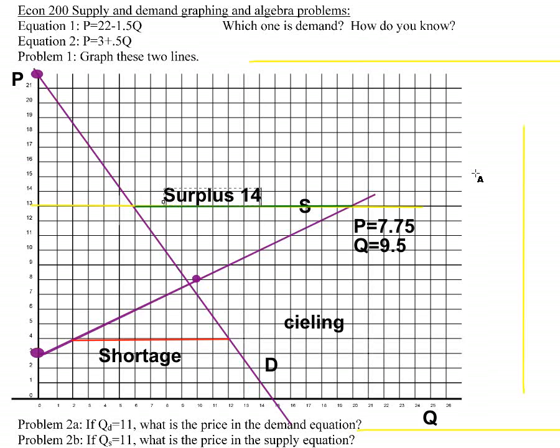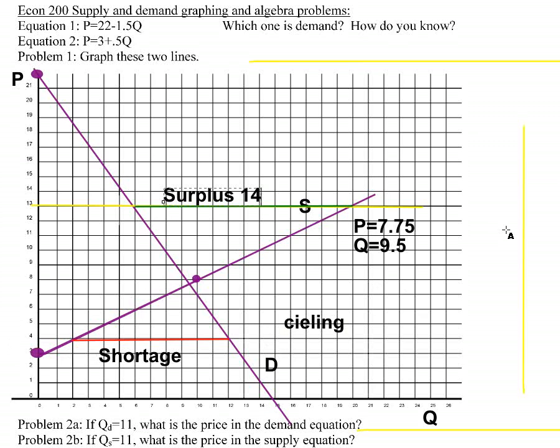So if you've ever heard of government cheese in the United States, this is where this government cheese actually comes from. So I hope that by looking at not just the equilibrium, but the out of equilibrium situations, that helps you understand what's going on with a demand line and a supply line.